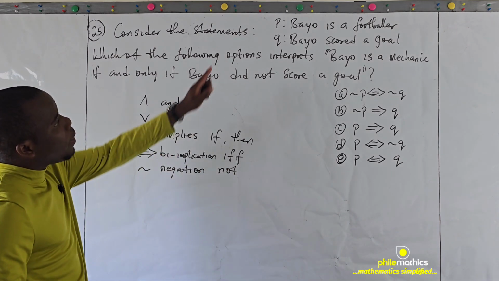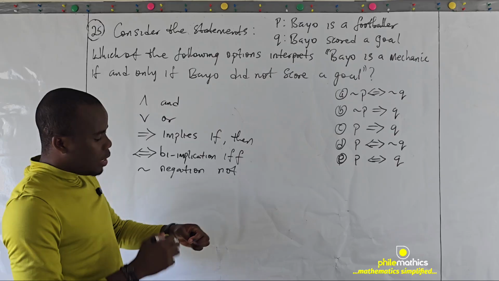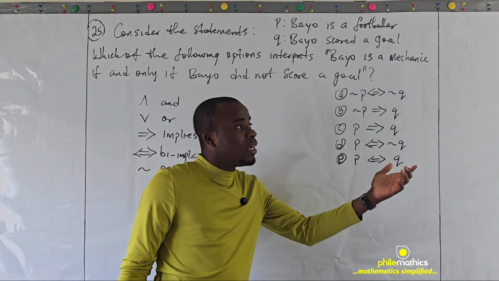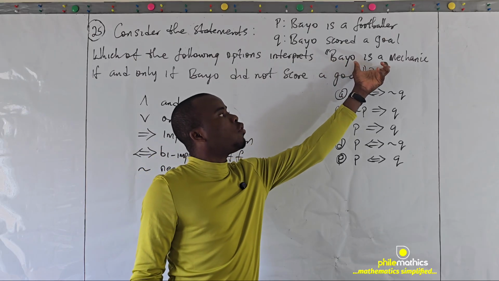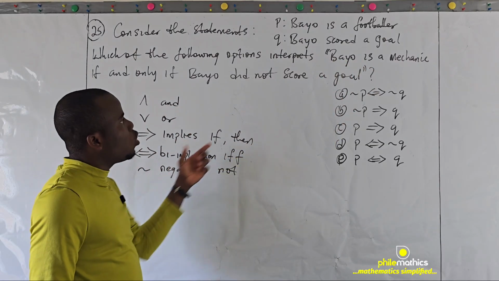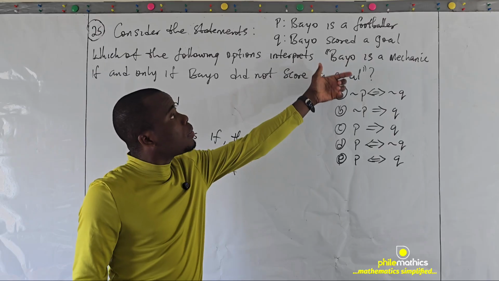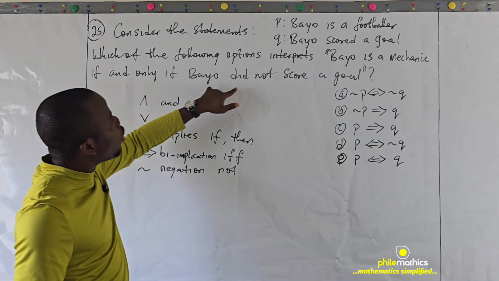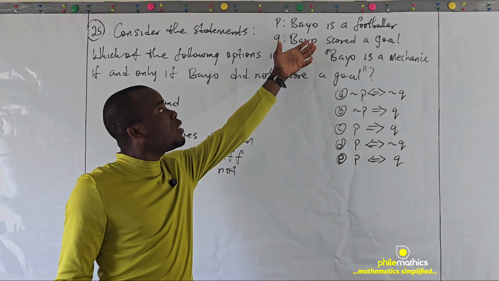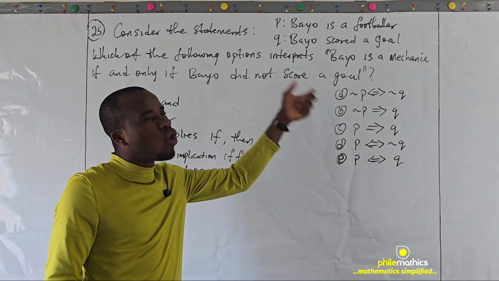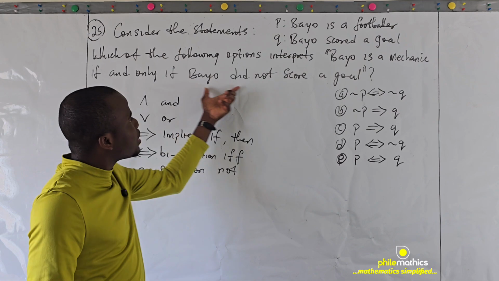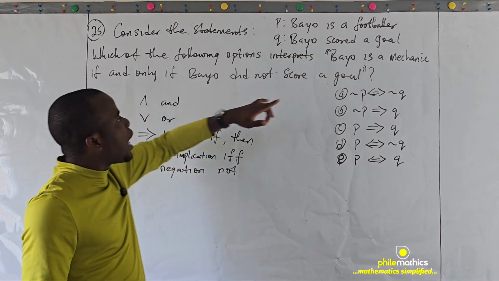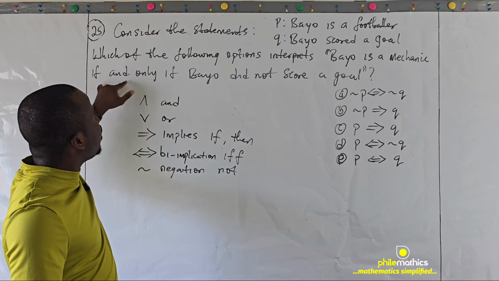And so we are told that P is Bayo is a footballer. In this case we are told that Bayo is a mechanic, it means the correct representation of this is not P, because Bayo is a footballer. And the second statement says Bayo did not score a goal, but we are told that Q is Bayo scored a goal. So the second statement is not Q. Now, how do we connect it with if and only if?